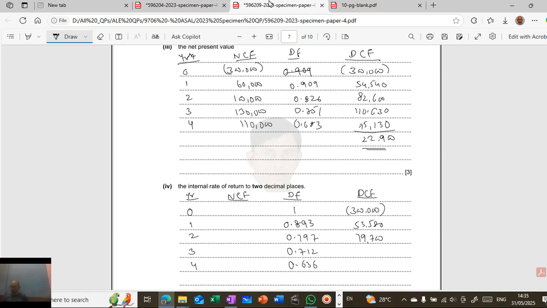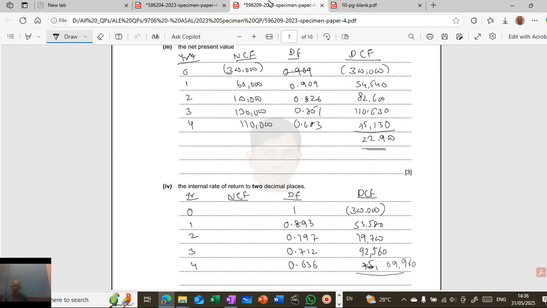Then 130,000 into 0.712, which is 92,560. And the last one, sorry, that was wrong, it is 69,960.